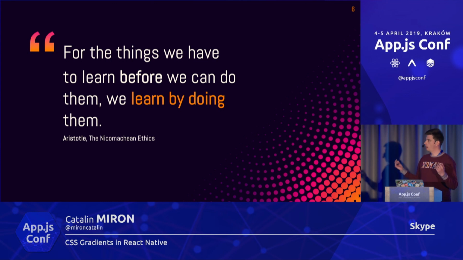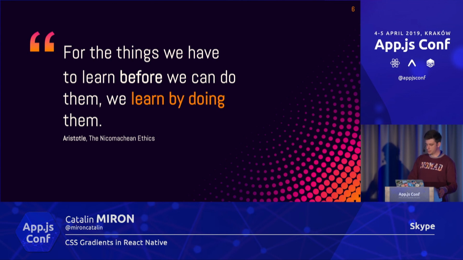But then I started realizing that the community is super awesome, and I want to do more for them. And so while I was doing a React Native small application about quotes, I actually found this quote super nice, and it said that for the things we have to learn before we do them, we learn by doing them. It's a quote by Aristotle, and it inspired me.